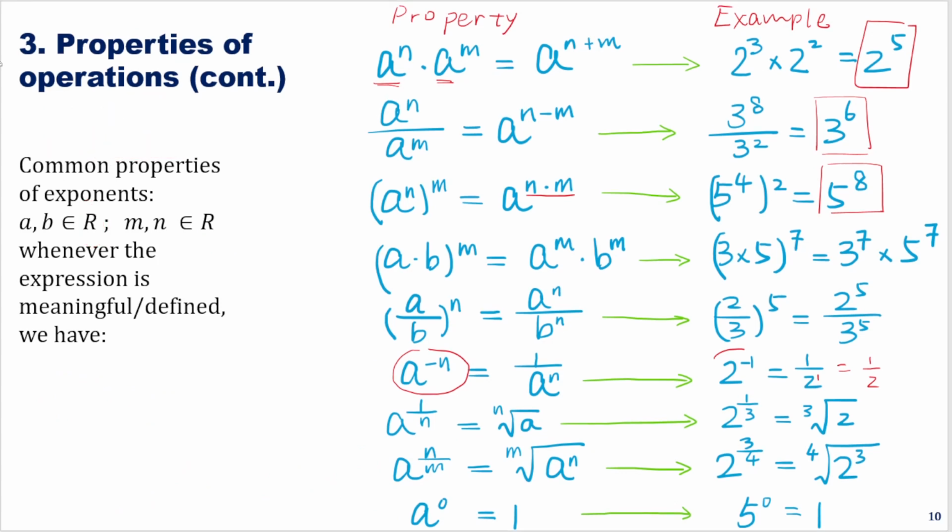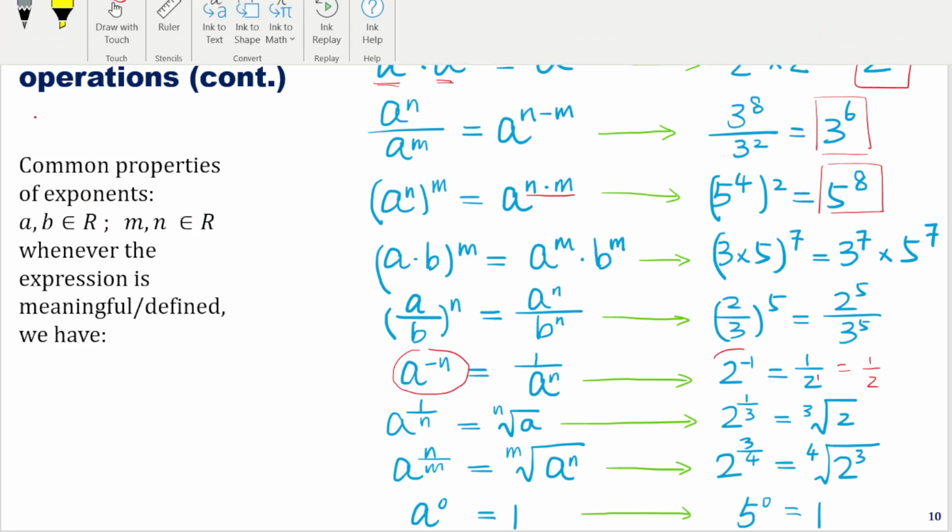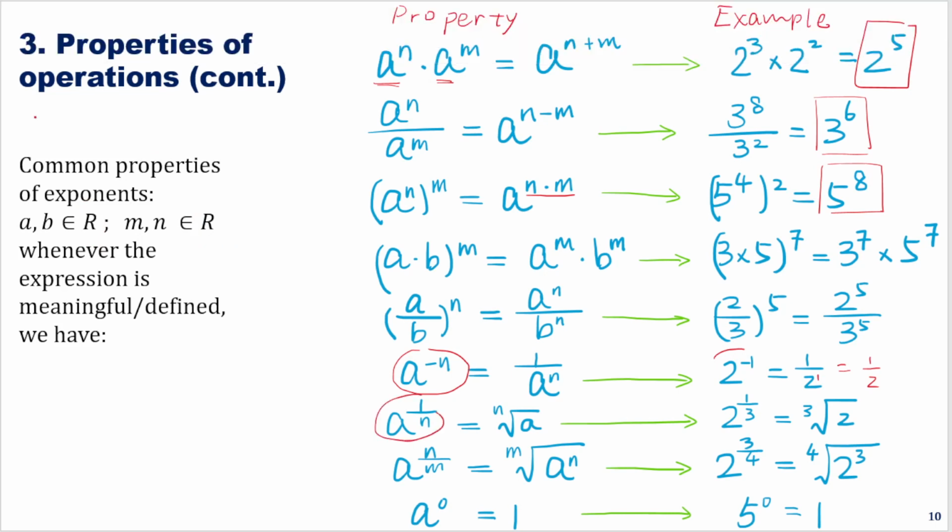Okay, I'll explain this a little bit. This one, and this one, right? Yeah. Okay, first one, a to the power of minus n is actually a to the power of 0 minus n, right? Which is a to the power of 0 over a to the power of n, right?